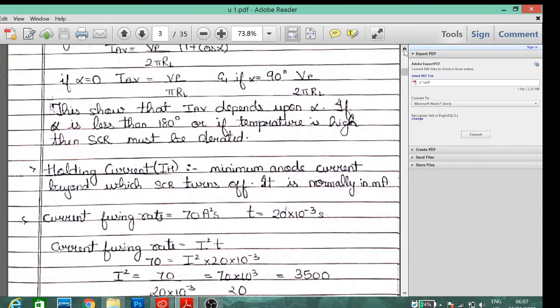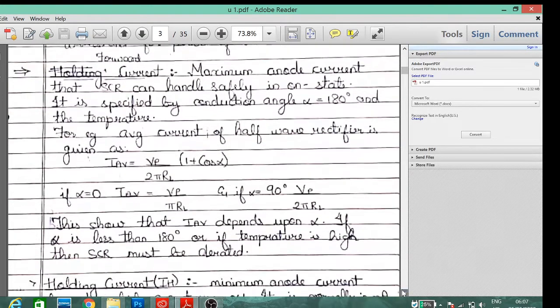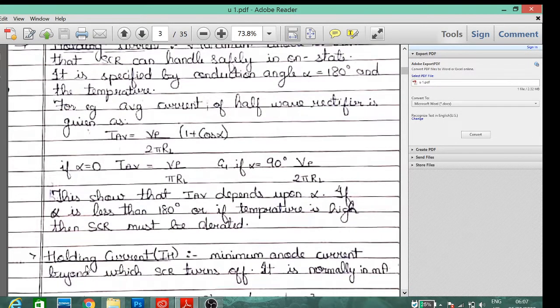Forward current is the maximum anode current that the SCR can handle safely in the on state, whereas holding current is the minimum anode current required to hold the SCR on, beyond which the SCR will turn off.